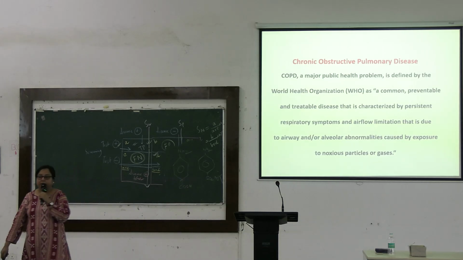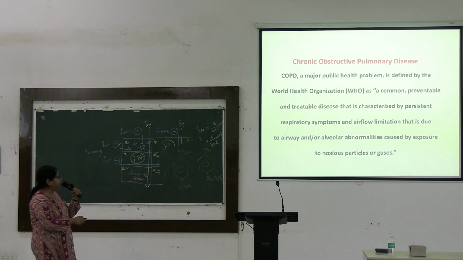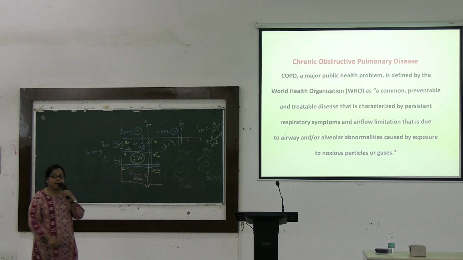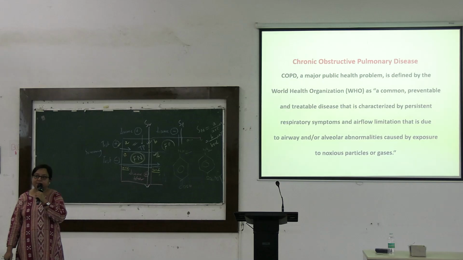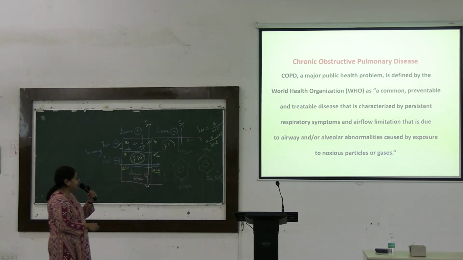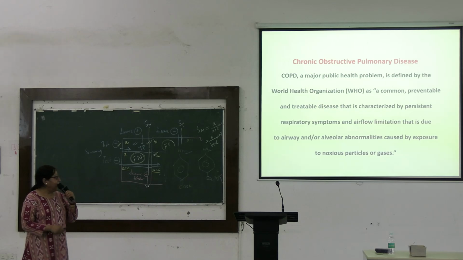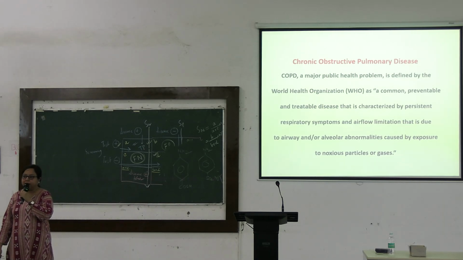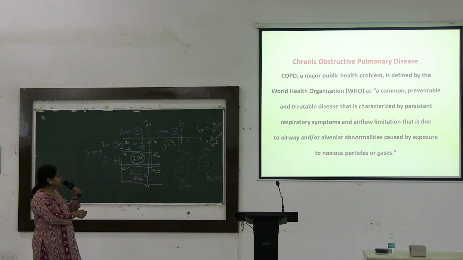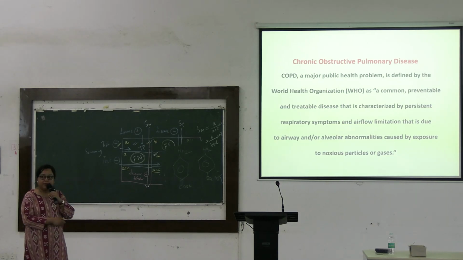This is the definition of COPD by WHO. You can note it is common, preventable and treatable, so we can prevent as well as treat COPD. It is characterized by respiratory symptoms and airflow limitation, and is caused by exposure to noxious particles or gases.